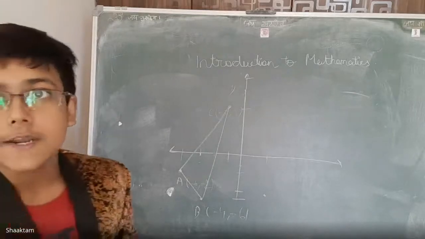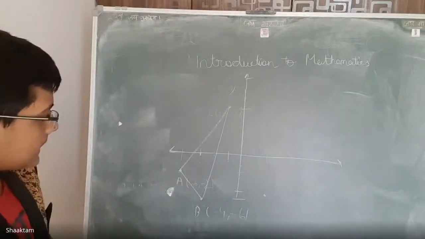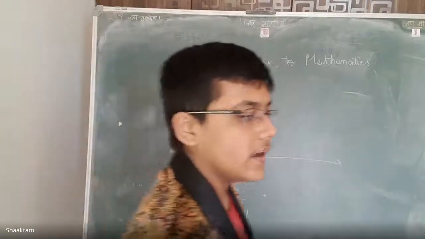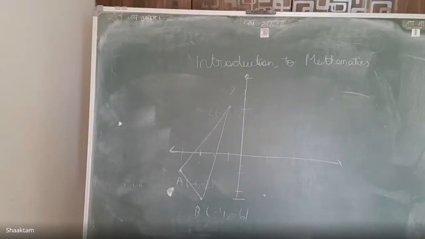How do you go about it? Anyone? Shreyansh, did you do this one where you had to find the area of the triangle whose vertices are A (minus 6, minus 2), B (minus 4, minus 6) and C (2, minus 5)?